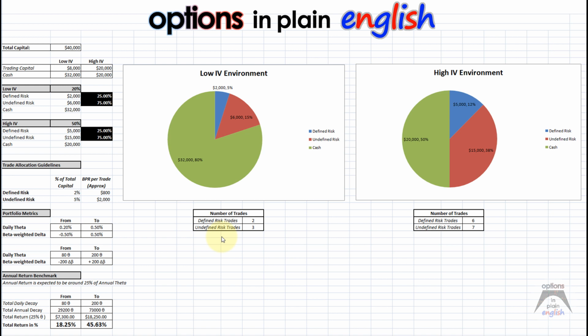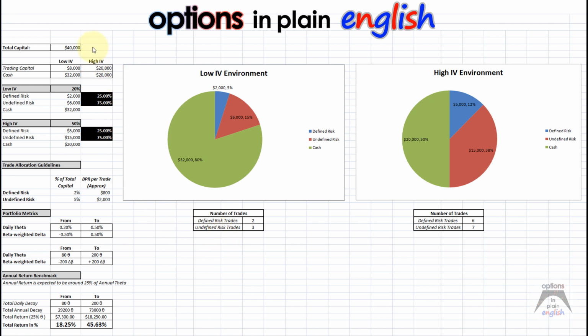So if we have low levels of implied volatility and the number is very low, we're going to lean towards the low end of the range in terms of capital allocation. Whereas if we have an elevated level of implied volatility, we're going to lean towards the higher end of the range. So in this case, between 20 and 50%, of course.